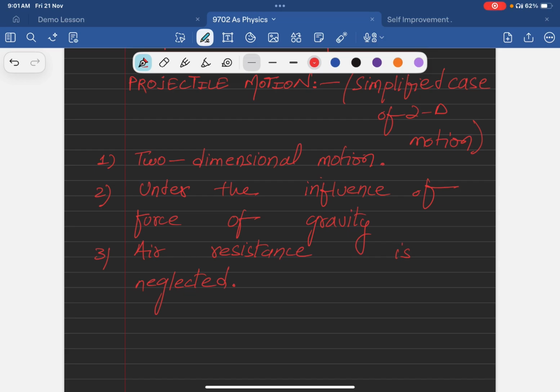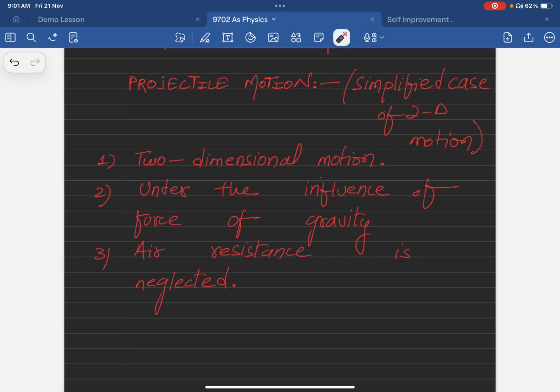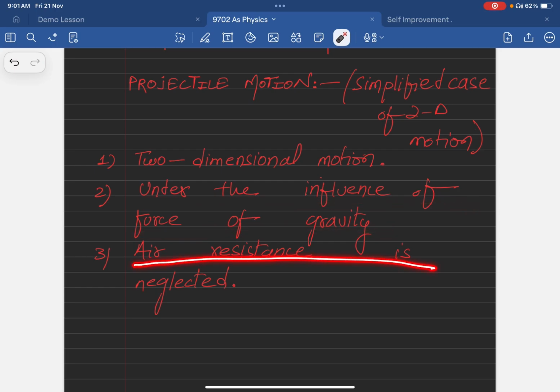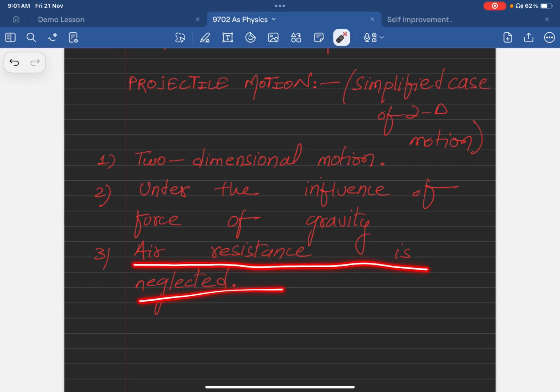There is only one force that can influence that two-dimensional motion, and that is the force of gravity. Under the influence of the force of gravity. Now you have to think of some examples in which bodies are influenced only by the force of gravity. And we will neglect air resistance while discussing this two-dimensional motion. We will say air resistance is zero; there is no effect of air resistance.